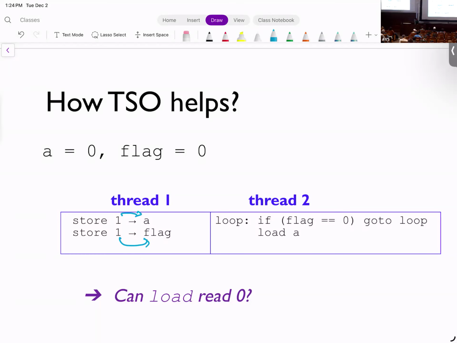And then in thread 2, you have some form of a loop that checks the value of the flag, and once flag becomes 1, it loads A. Under TSO, this will guarantee that you always read the value equal to 1. Why? Because essentially what this says is that stores will happen in order.